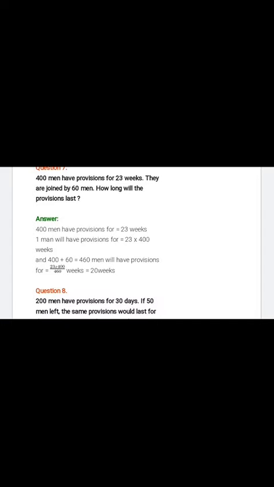After doing the multiplication and division, the zeros get cancelled, and it comes to 20 weeks. It will support for 20 weeks.